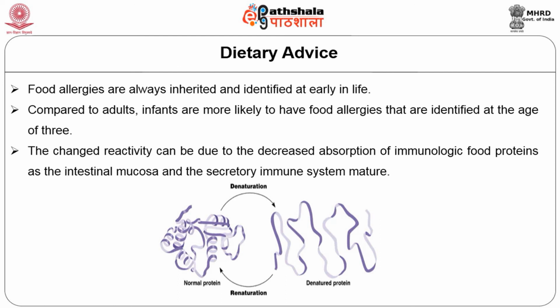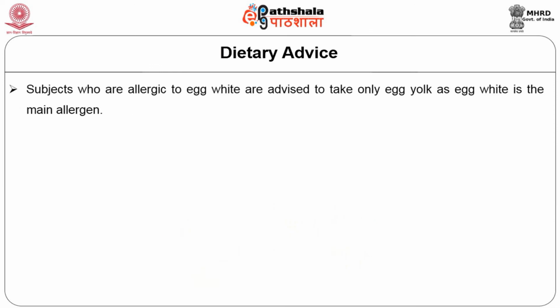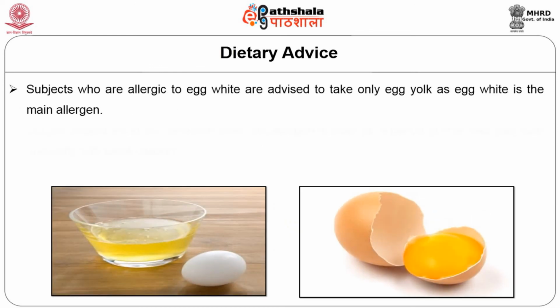For example, the person who is sensitive to raw milk does not show the allergic reaction when boiled milk is consumed by the same person. Subjects who are allergic to egg white are advised to take only the egg yolk because egg white is the main allergen that may create problems.